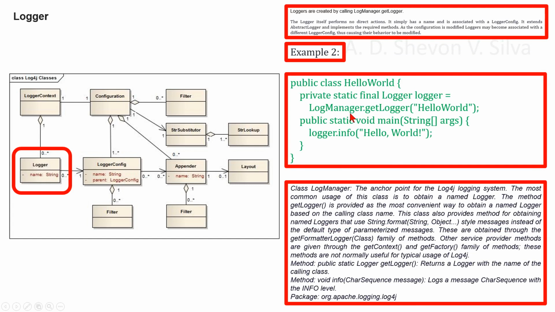Here the class LogManager is the anchor point for the Log4j logging system. The most common usage of this class is to obtain a named logger. The method getLogger is provided as the most convenient way to obtain a named logger based on the calling class name.